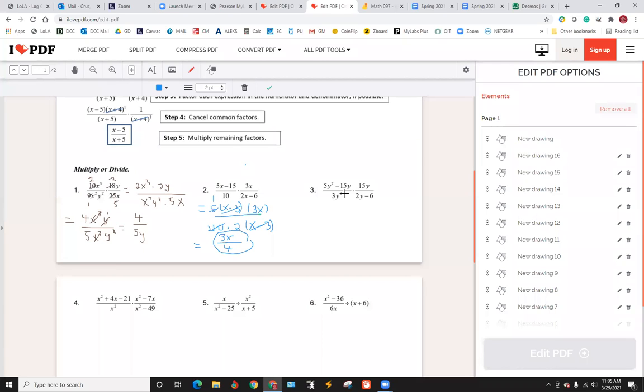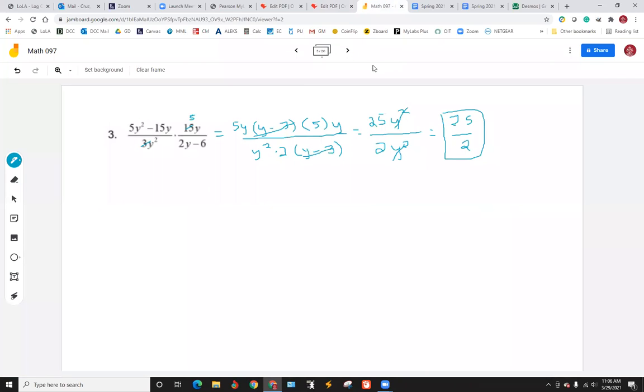Now, one of the things you can do first is common factors going across, then factor each of this one and that one. All right.